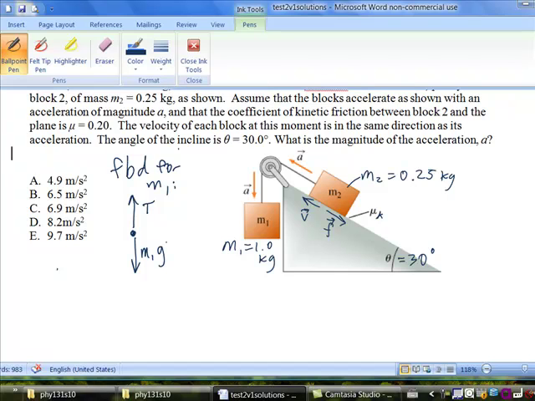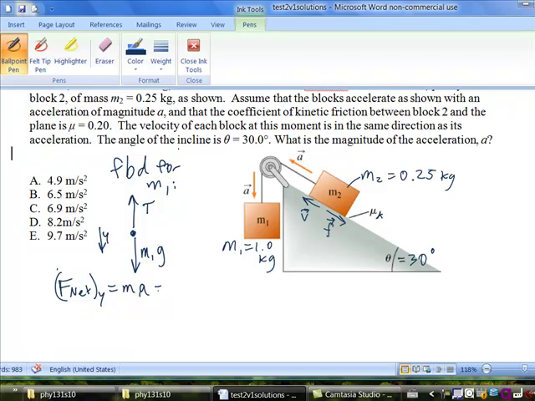So we can do Newton's second law. We'll just define down to be positive y. We'll say F net in the y direction is equal to m times a.